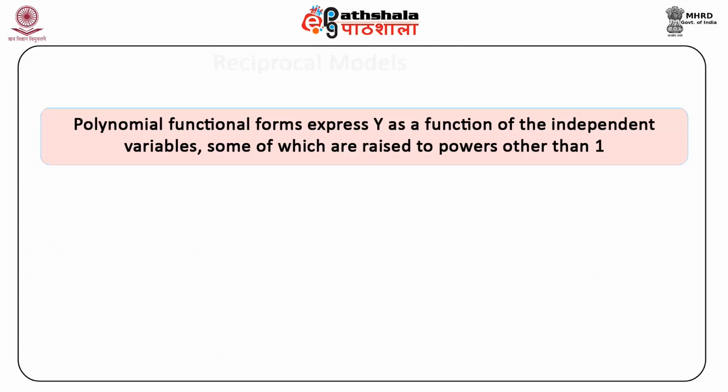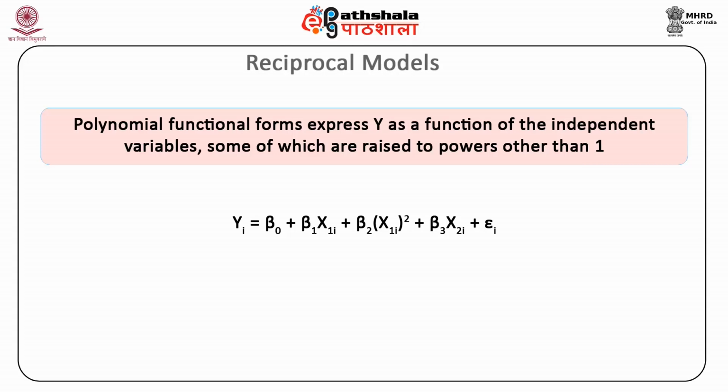Polynomial functional forms express y as a function of the independent variables, some of which are raised to powers other than 1. For example, in a second-degree polynomial, also called a quadratic equation, at least one independent variable is squared. So we can write yi = beta 0 + beta 1 x1i + beta 2 x1i² + beta 3 x2i + epsilon i.